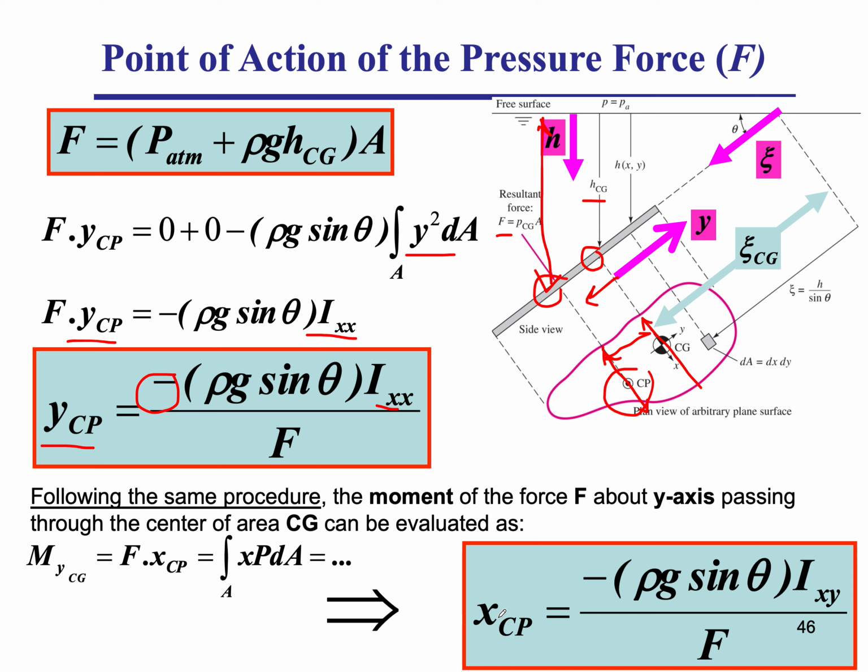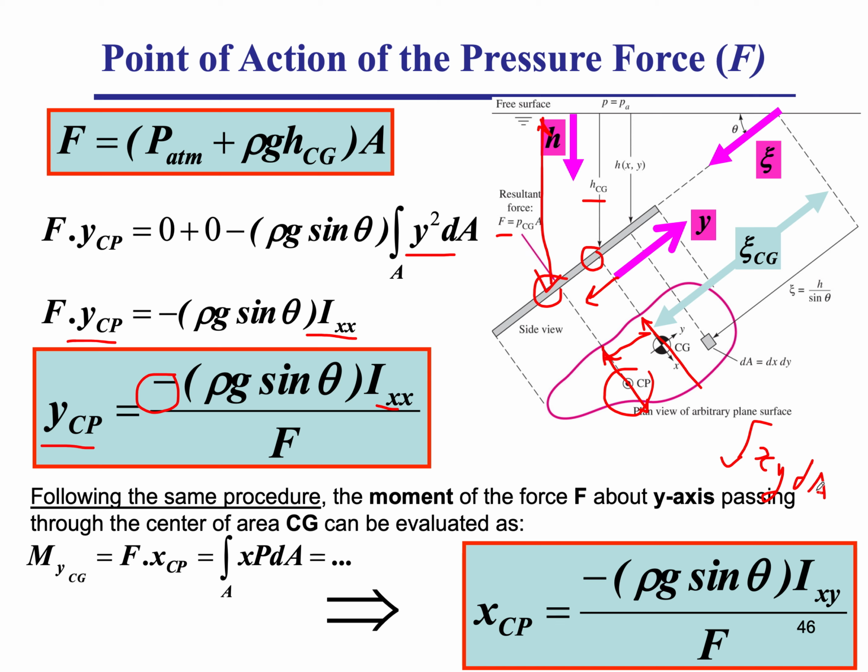So we'll do the same story. We'll end up with IXY rather than IXX. Now the IXY, the definition of it is the integral, just like the y squared dA, it's going to be x times y times dA. That's the definition of it.